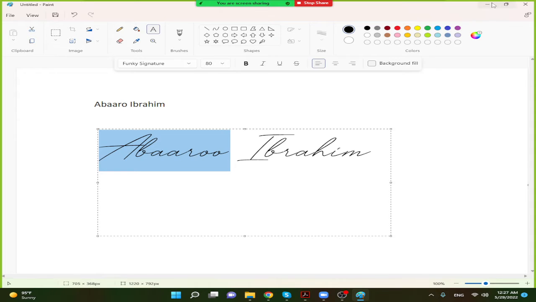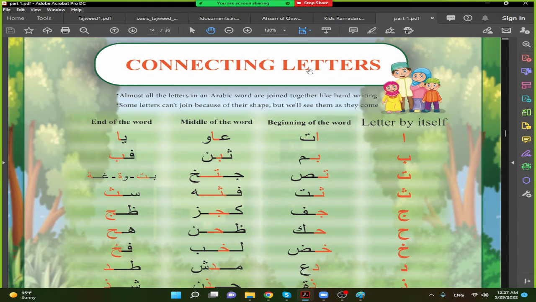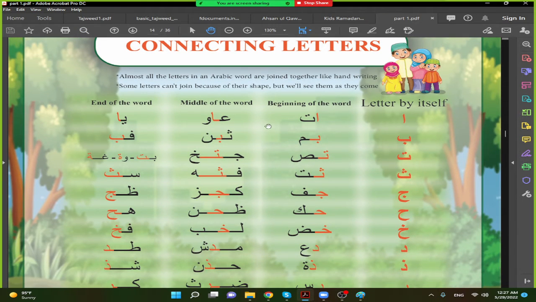So basically when you are learning the connecting letters in Arabic, we are not going to write the things separately. They are saying almost all the letters in an Arabic word are joined. All letters are joined in Arabic writing, in Arabic script, like handwriting.